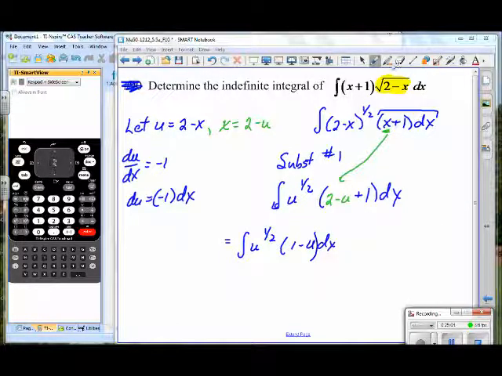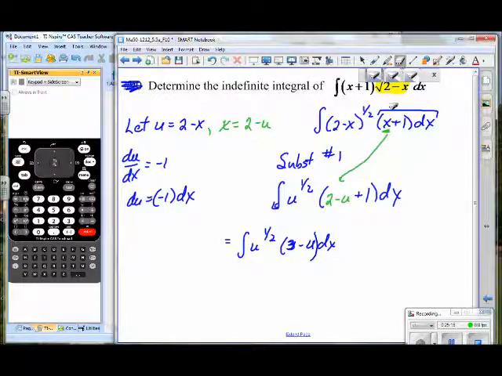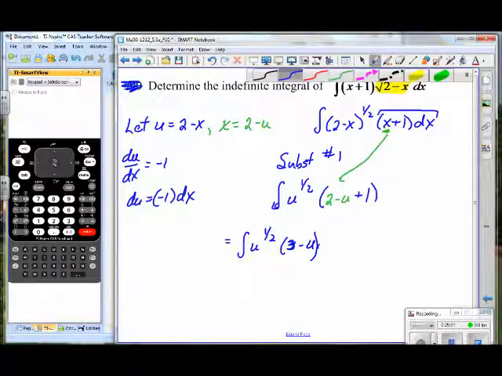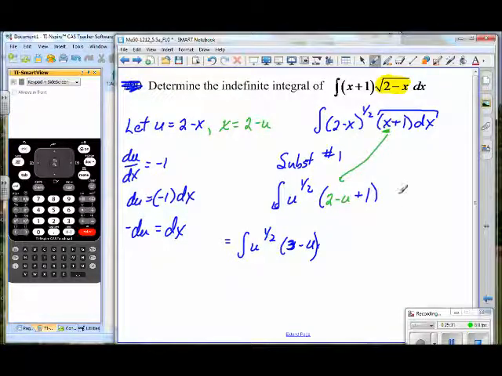I made a mistake, so instead of 1 minus x, this is going to be 3 minus u equals dx. And in place of the dx, I'm going to erase that up here and down here. In place of that dx, I'm going to come over here and write negative du equals dx, or negative 1 du equals dx.